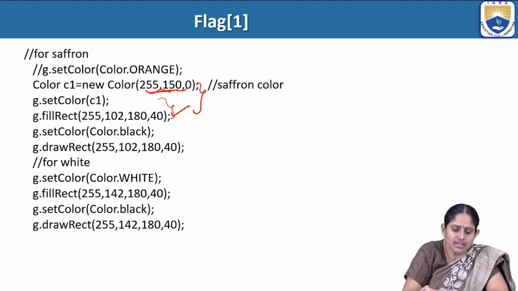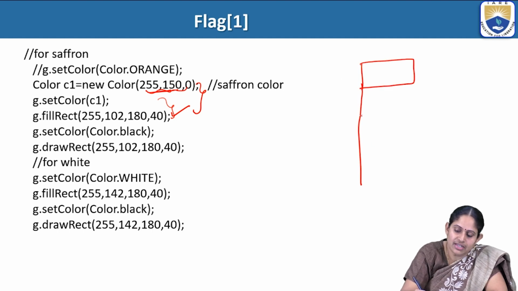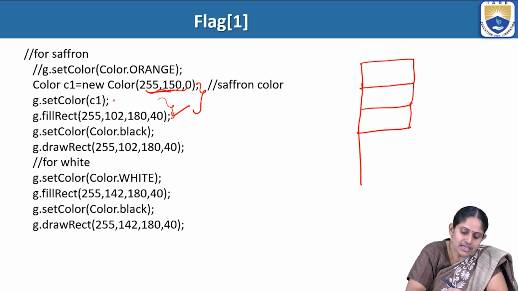Then I'm drawing the rectangle for that. So a saffron colored rectangle will be obtained.